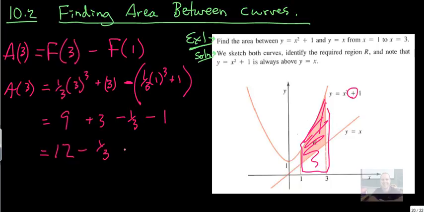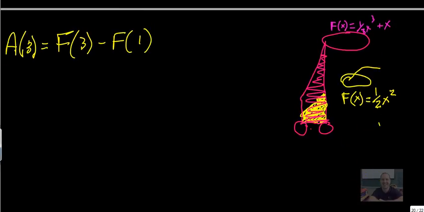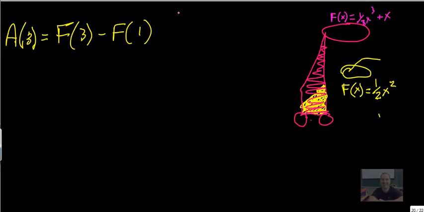Right? Minus 1/3 minus 1. And so that's going to be 11 minus 1/3, which is 33 over 3. And that's going to be 32 over 3. So that's the large area. Let's take a look at this yellow area down here now, the smaller area.